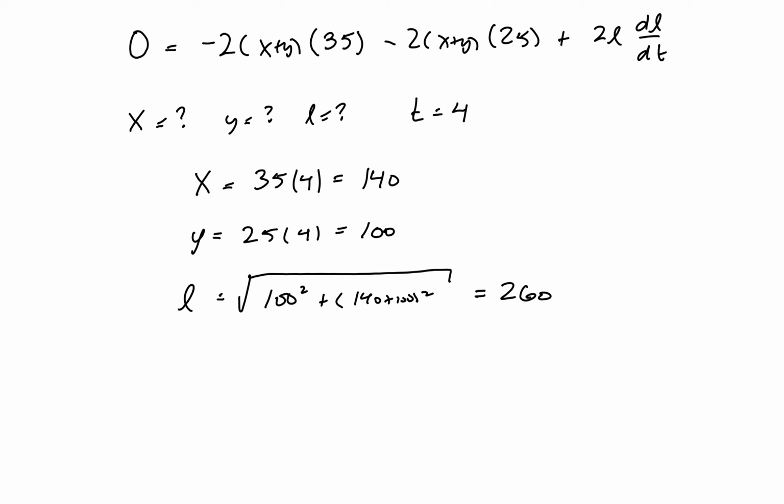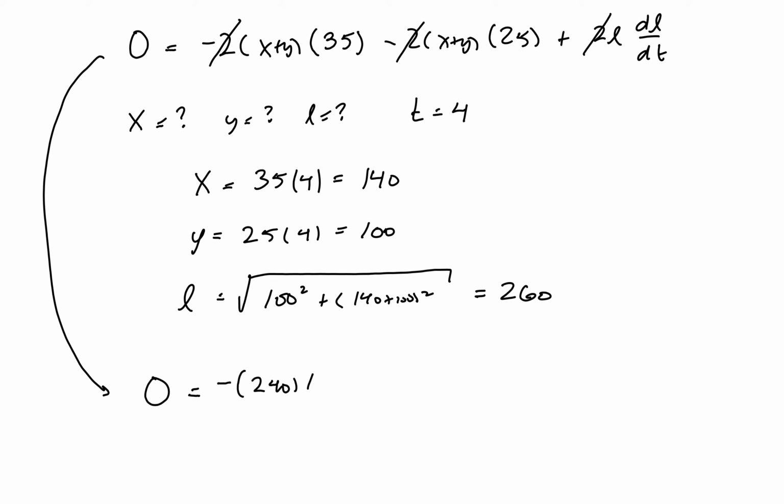So plugging everything in, here now I have 0. I can cancel a 2 off from all of these. And so I have negative 240 times 35 minus 240 times 25 plus 260 dL/dt.